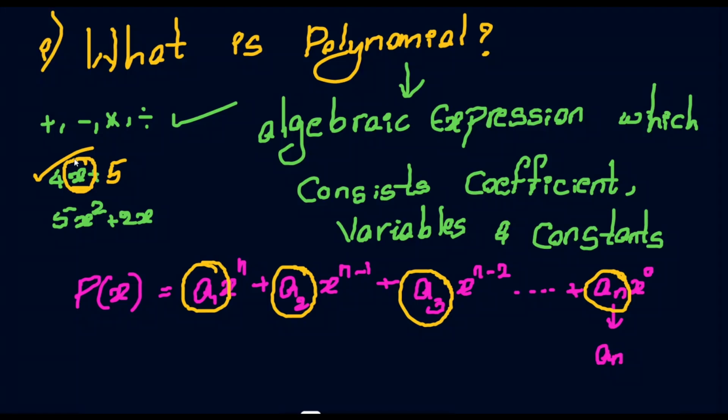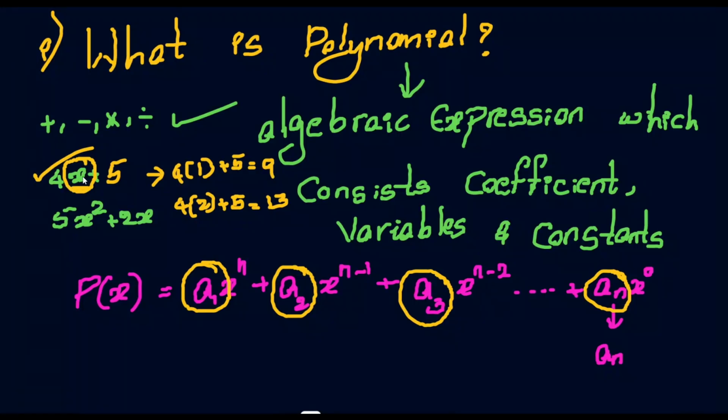For example, if I substitute the value 1 in the place of x, 4 of 1 plus 5 is nothing but 9. If I substitute 2 in the place of x, it is 4 into 2, which is 8, plus 5, it is nothing but 13. So for every value of x we are getting different values of the polynomial, right?